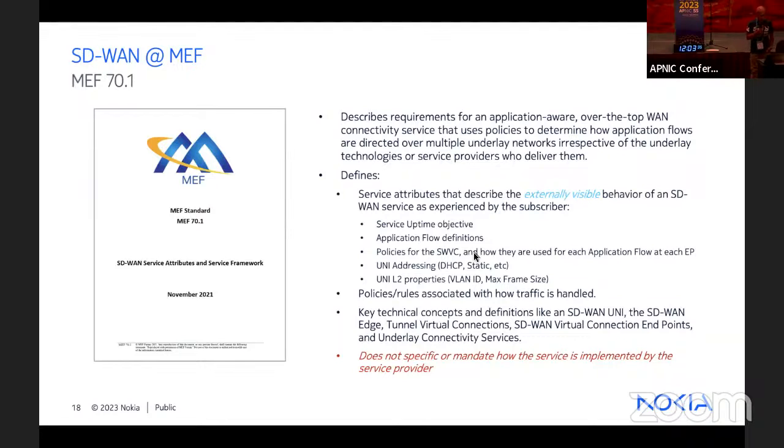This was a couple of years ago. It's MEF 70.1. You can download this free of charge from the MEF site. You'll see that this specification defines SD-WAN service attributes and services framework.